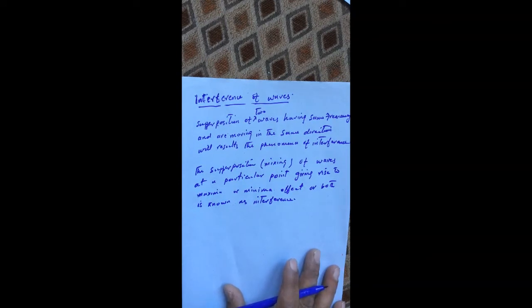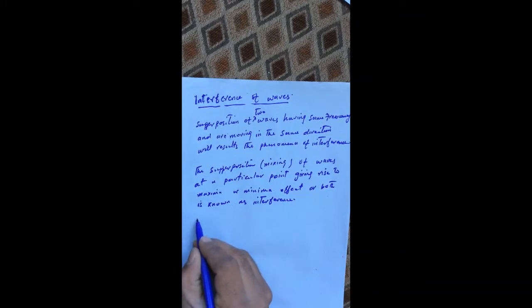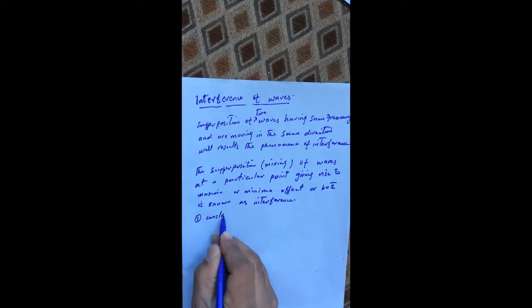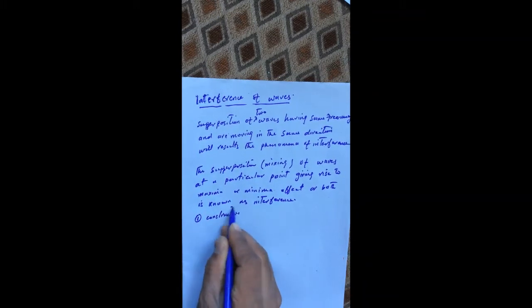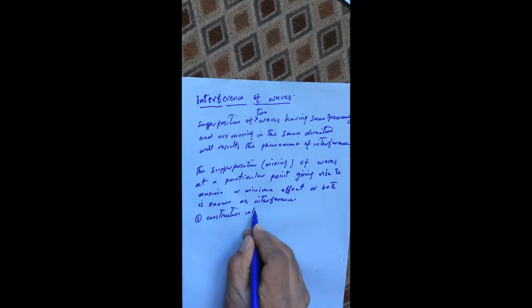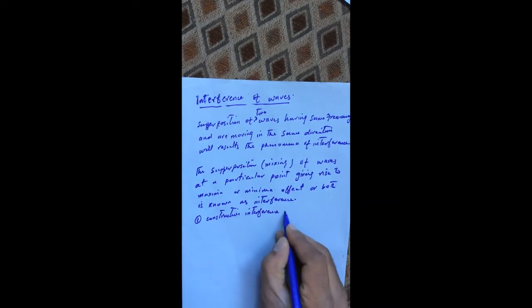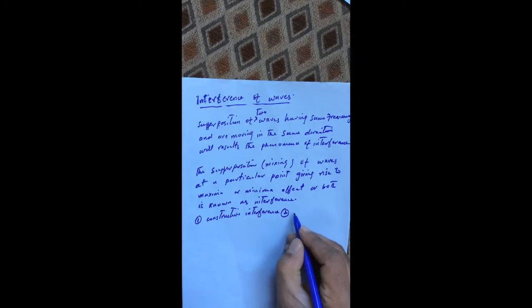On the basis of this we can categorize it into two types. One is called constructive interference and the second one is called destructive interference.